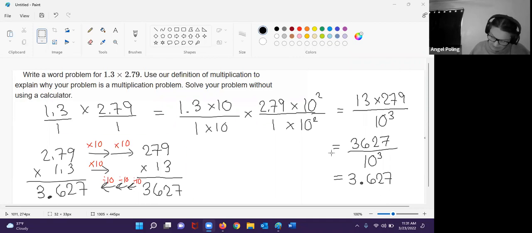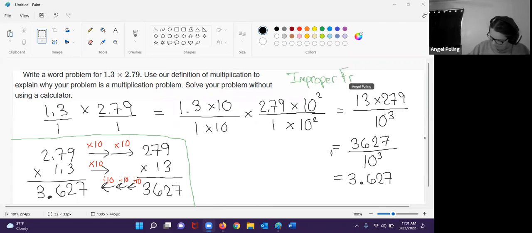One being improper fractions. So here's an improper fractions method. And the other being this stacked algorithm version, which is very similar to how we actually write it, right? When we write the multiplication, we just literally ignore it, then count and put them back in.